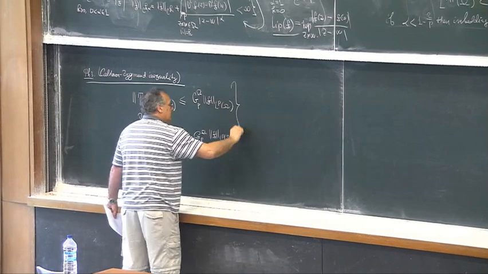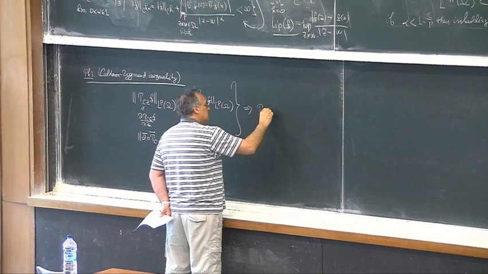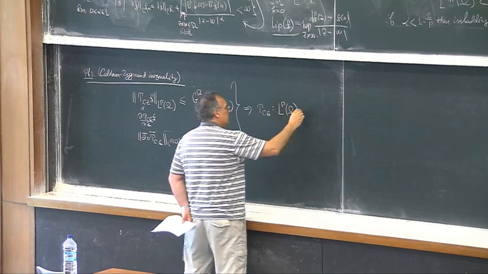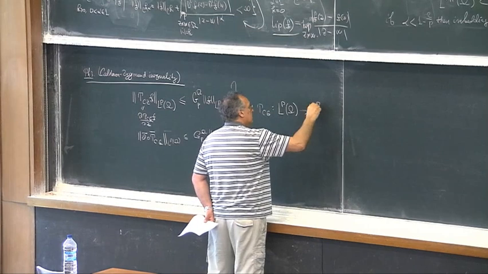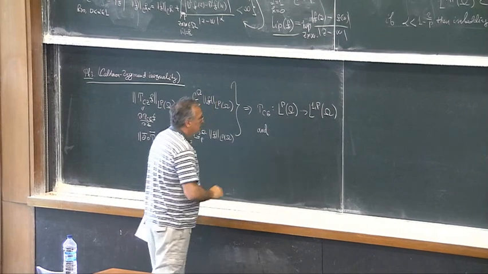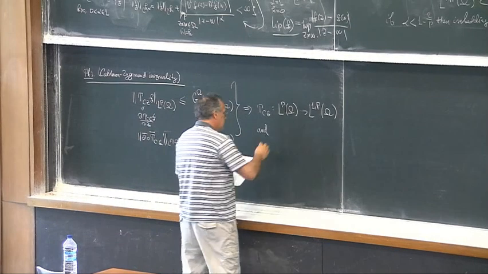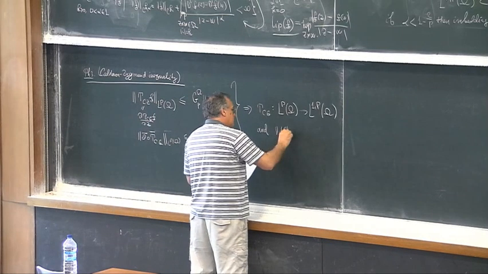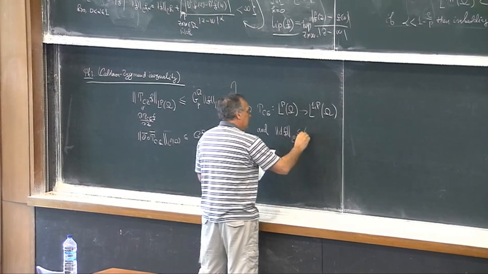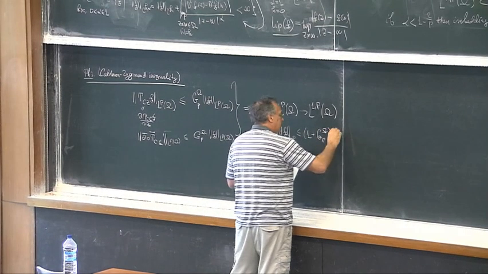Okay, as a corollary, we get that the Cauchy-Green transform is a bounded linear operator from LP to L1P of omega, and the norm of the differential in LP is bounded by 1 plus GP omega times the norm of f.